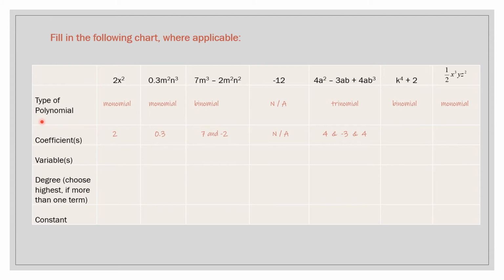How about the next one? k to the power of 4 plus 2. What do you think the coefficient is here? So we already know a constant is not a coefficient. We talked about that over here. But I don't see any number in front of the k to the power of 4. But there is an invisible number there. It's a 1. So as long as you have a variable, there's always a coefficient. And our last term has a 1/2 for the coefficient.